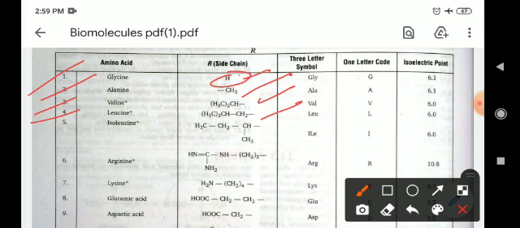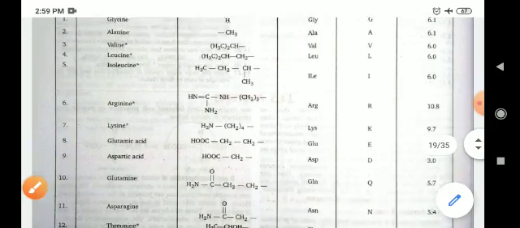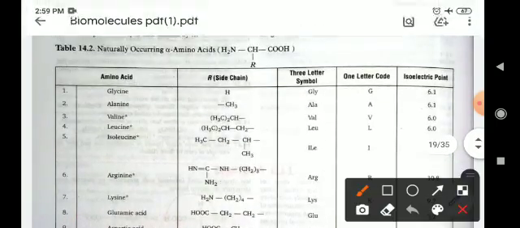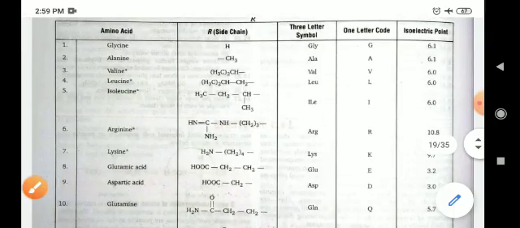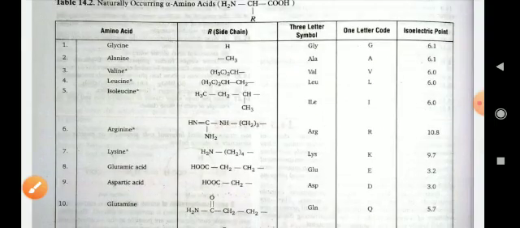So according to the side chain R, different types of amino acids will be generated, and there is a 3-letter symbol for each amino acid. For glycine, GLY is written. For alanine, it is written ALA, and for valine, it is written VAL. So it is basically the 3-letter representation of amino acids.